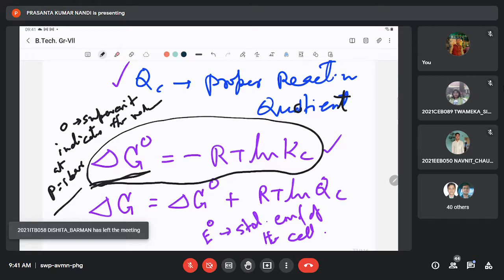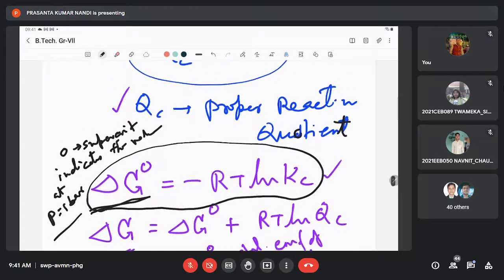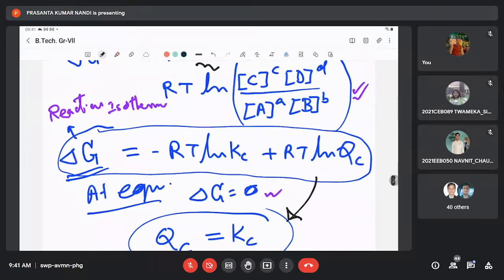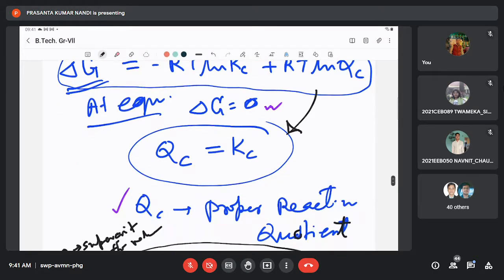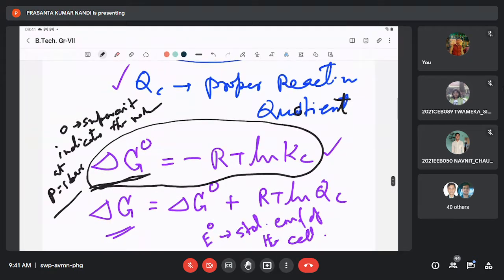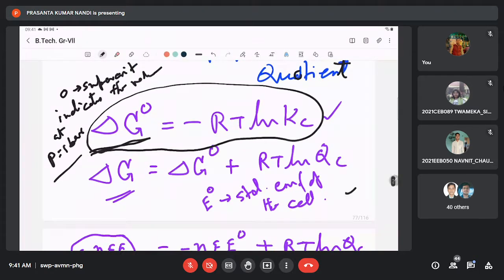So basically like this. Since delta G 0 equals minus RT ln Kc, we can write it in compact form, so the reaction isotherm can be represented like this. Clear? Now, do you have any confusion? Please let me clarify.